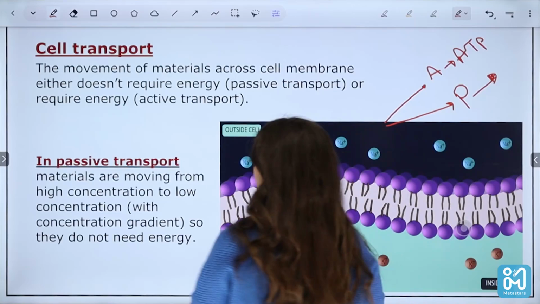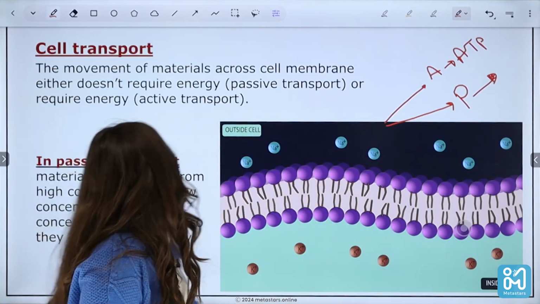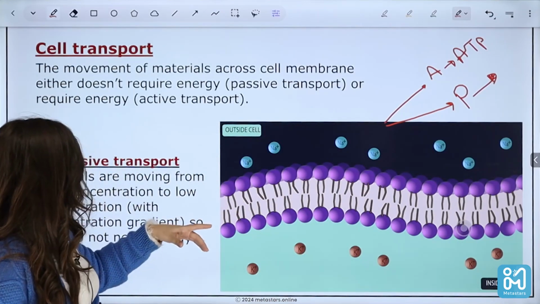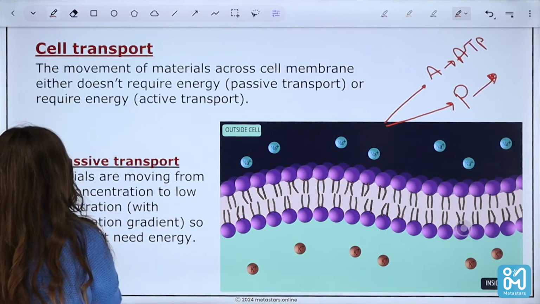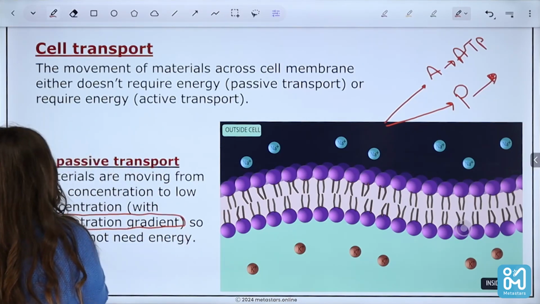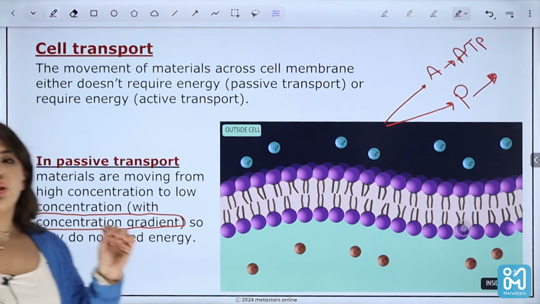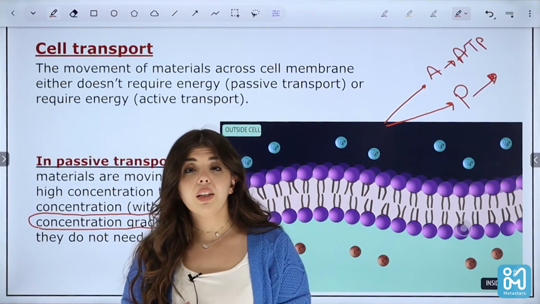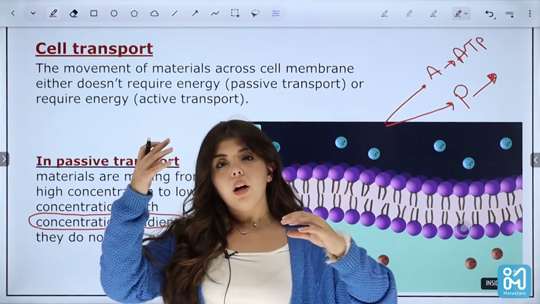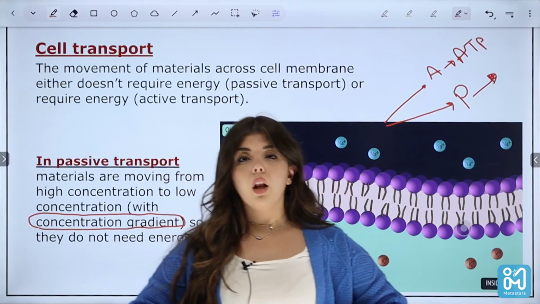In passive transport, materials will move from higher concentration to low concentration according to the concentration gradient. So this is a very important term. What do we mean by concentration gradient? Concentration gradient is moving from the higher concentration to the lower concentration.